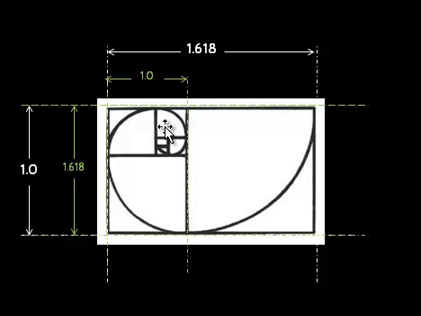I know I'm going inward, but it's easier to show that way when actually it grows outward. With each of these squares, if you form a perfect quarter circle, and quarter circle, and quarter circle, what you end up with is that spiral that you see all over nature and in classic art and architecture.